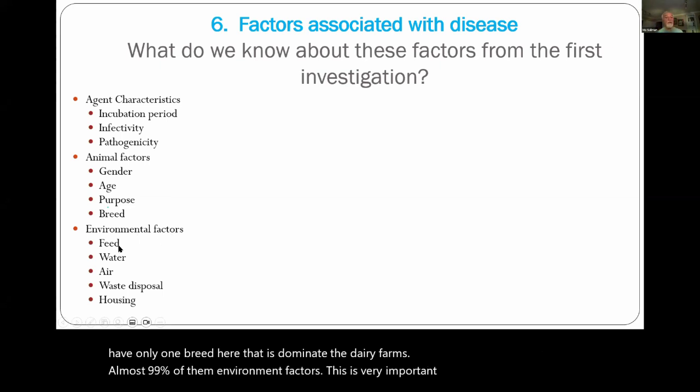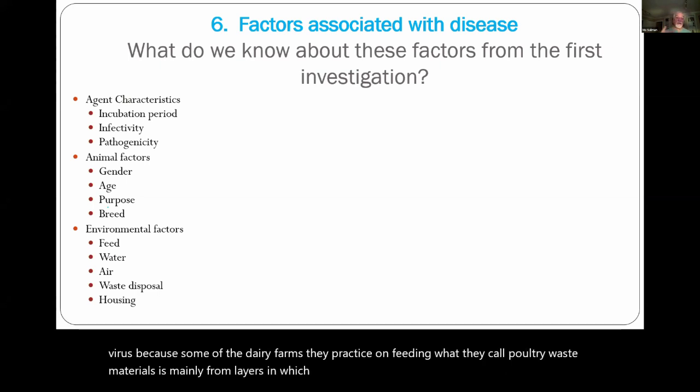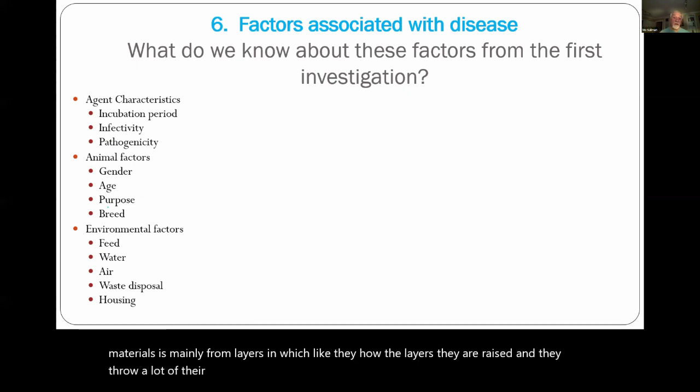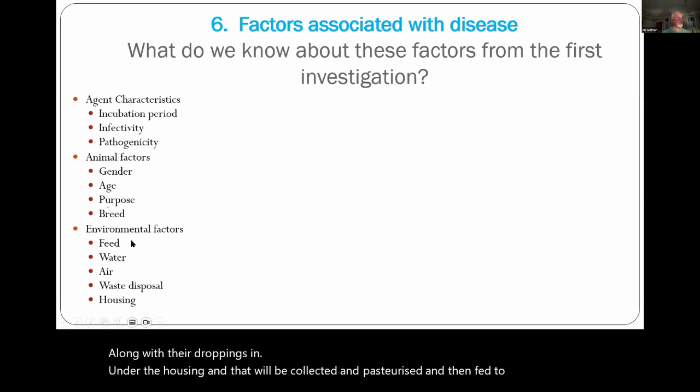Feed, why we put feed for this virus? Because some of the dairy farms practice feeding what they call poultry waste materials, mainly from layers. You know how the layers are raised, and they throw a lot of their feed along with their droppings under the housing, and that will be collected and pasteurized and then fed to the dairy cows.